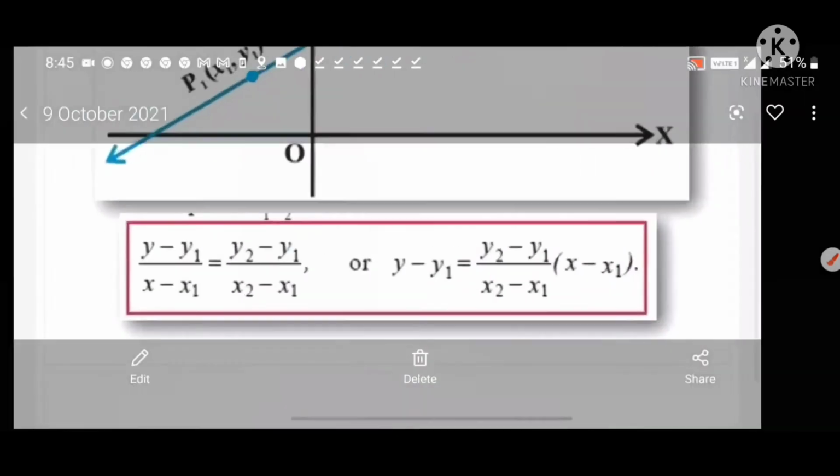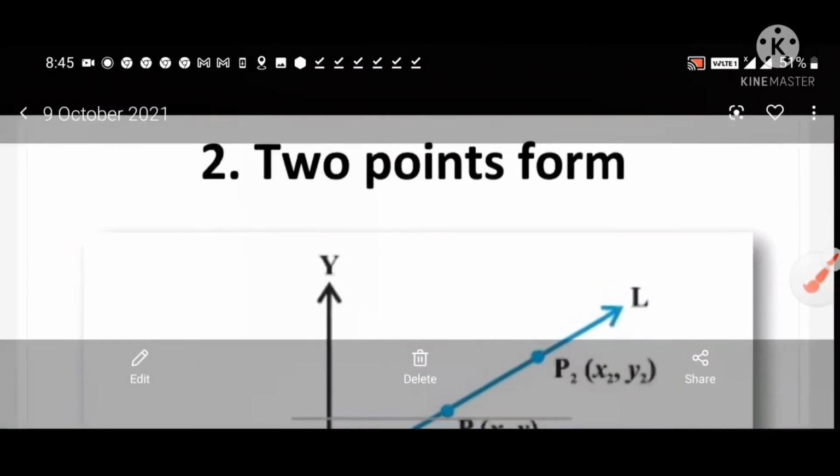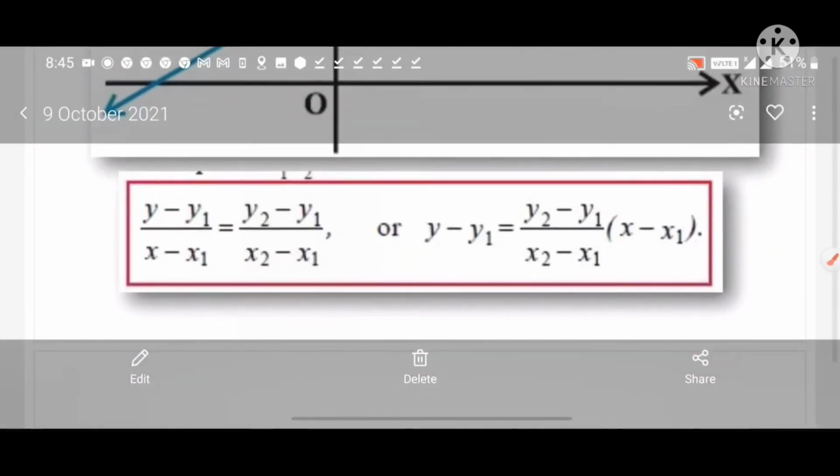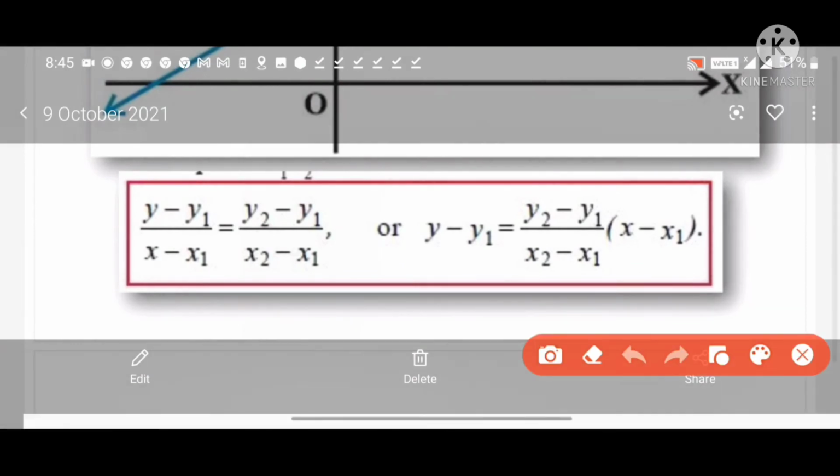Next, the 2 points form. The 2 points form is y minus y1 is equal to y2 minus y1 divided by x2 minus x1, times x minus x1.